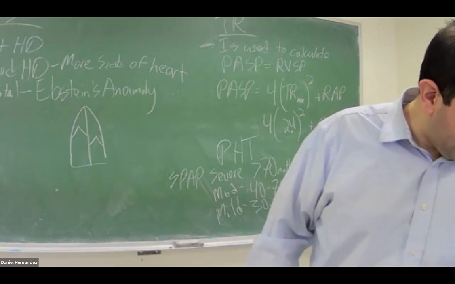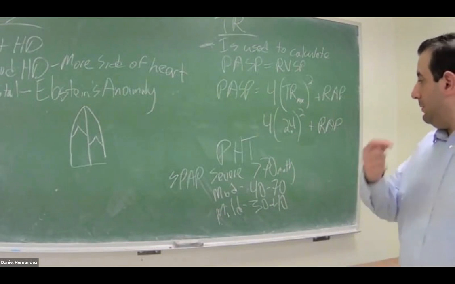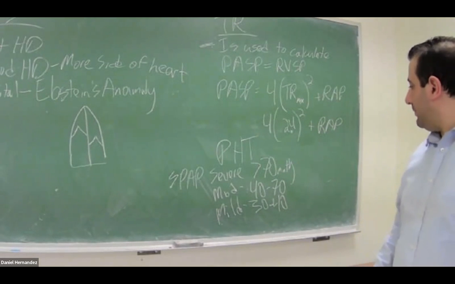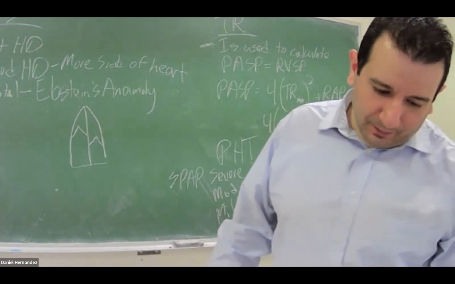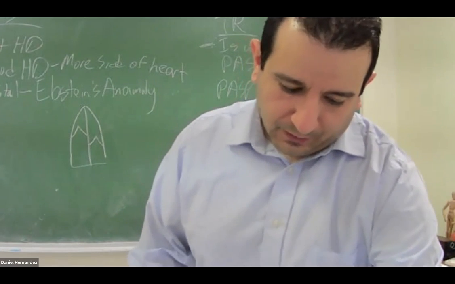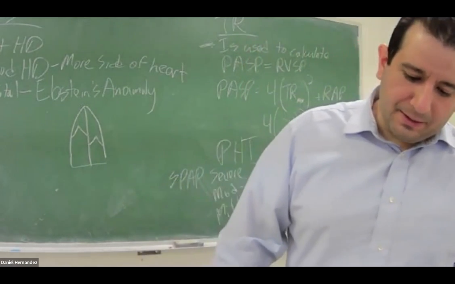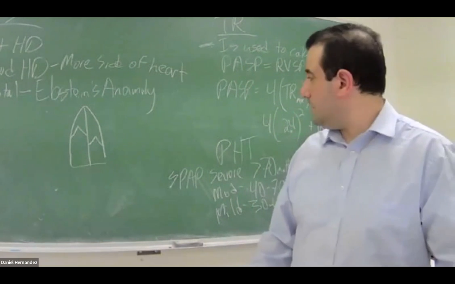There's a little bit of a gray area there between 25 and 30. Up to 25 is considered normal. So 25 at rest, greater than 25 at rest, or greater than 30 with exercise.